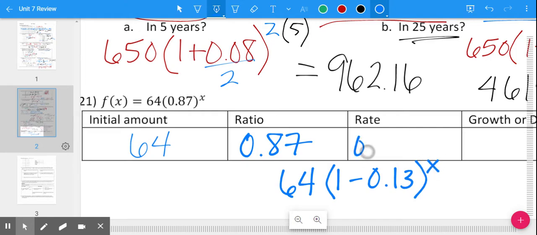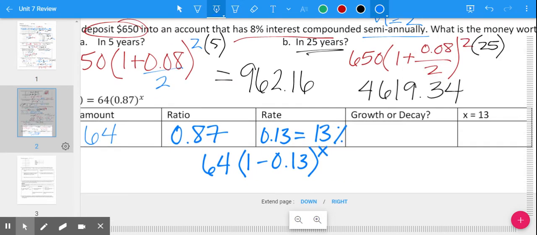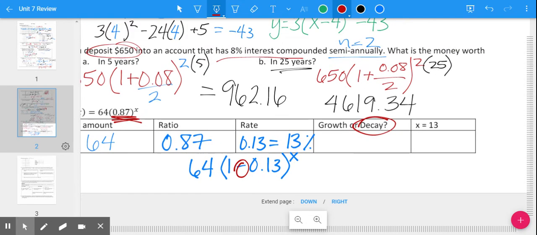So that 0.13 is your rate. It's also 13%. Because that decimal is under 1, because we're subtracting, because the decimal that's your base is under 1, it is decay. And if we plug in a 13, we get 10.47.